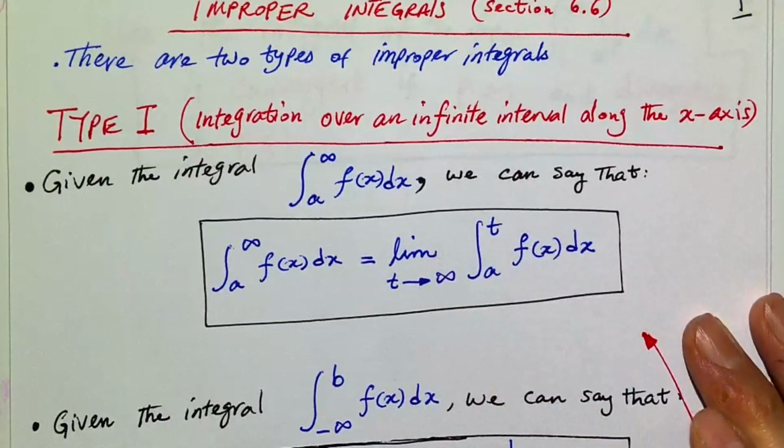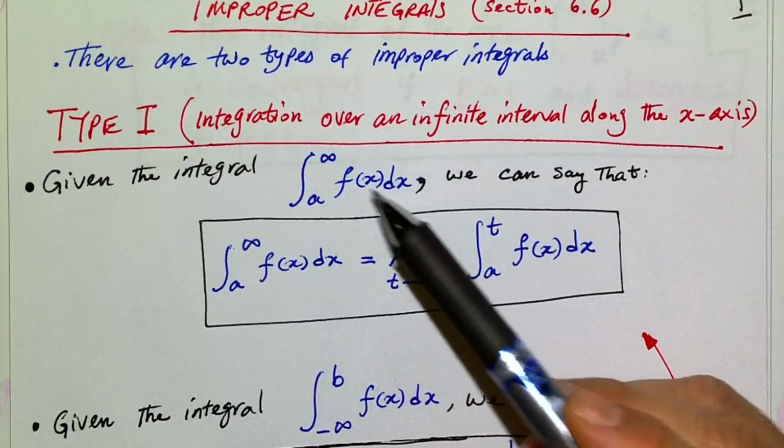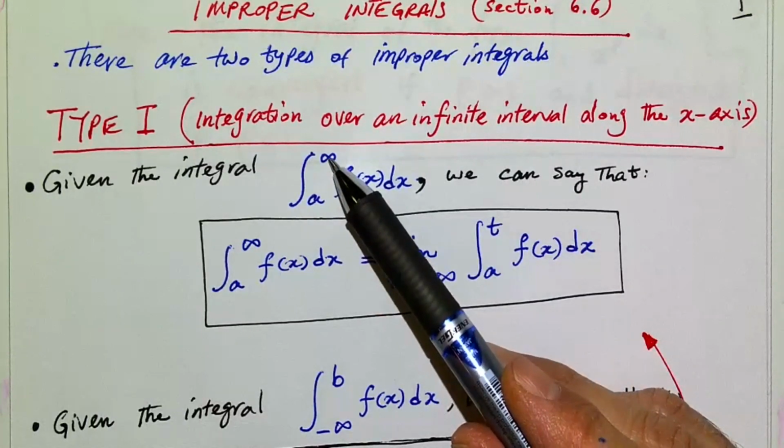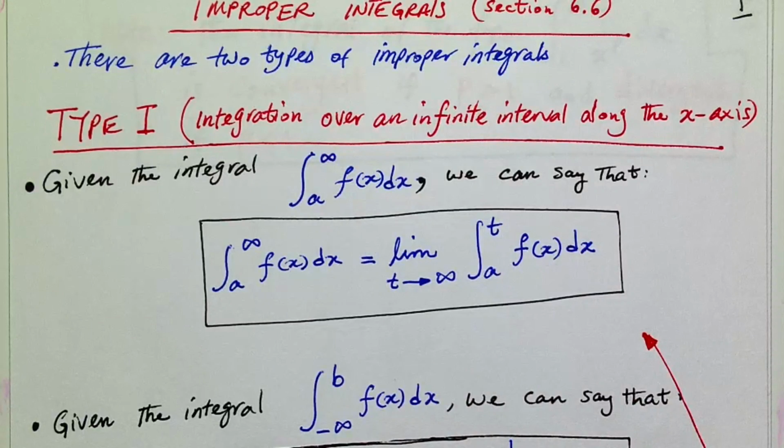In such a case, we will take the limit of the integral. We will replace the infinity part of the interval of the integration with a constant. Your book uses the variable t, so just to be consistent with your book, I'm using t.